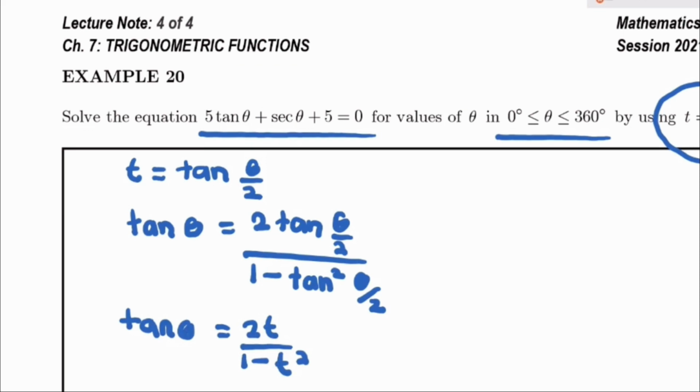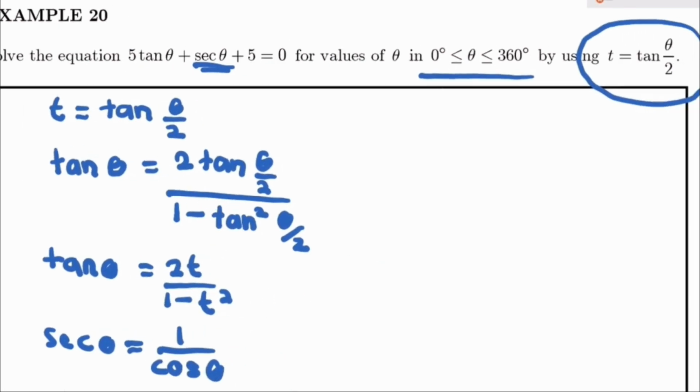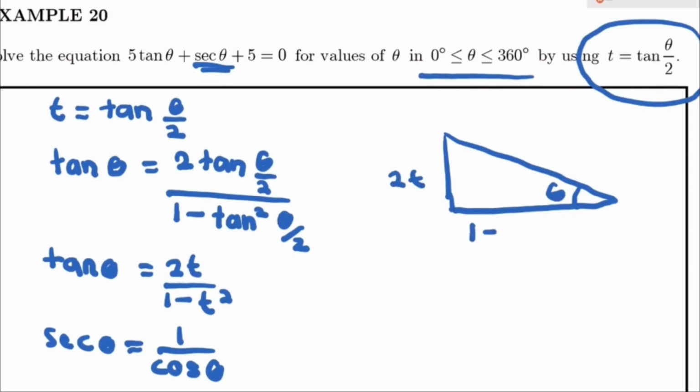Next, to get the secant theta. Secant theta equals 1 over cos theta. So to get cos theta, we sketch the right angle triangle, then we use the theorem of Pythagoras. So tangent theta is 2t over 1 minus t square, so hypotenuse equals 1 plus t square.